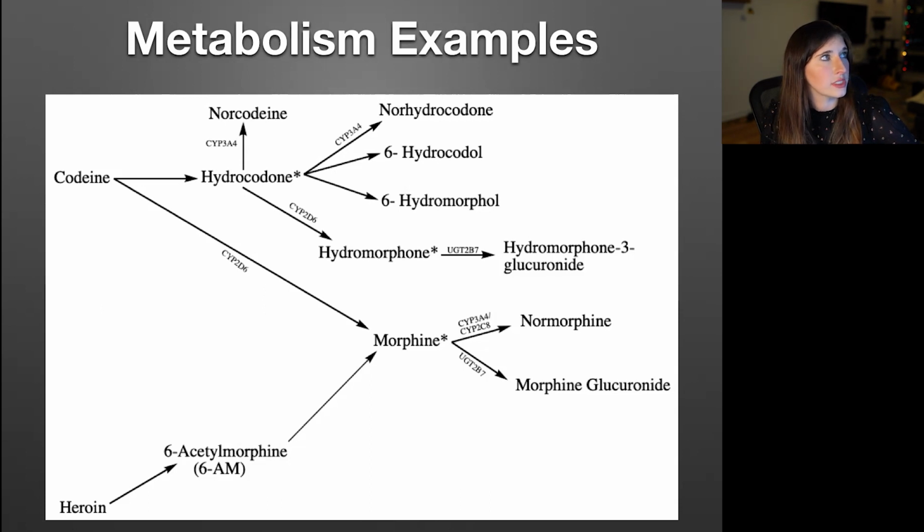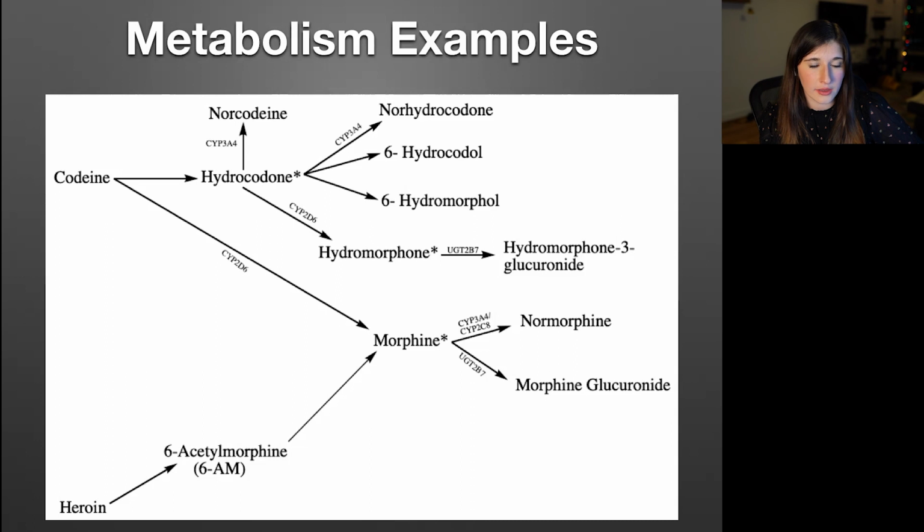There's CYP2D6, CYP3A4, and CYP2C8, and those are all oxidation reactions that are done through the CYP450 family of genes. And then you can also see that, for example, from hydromorphone to hydromorphone 3 glucuronide, there's that UGT2B7 gene or enzyme, and that is part of phase two metabolism.